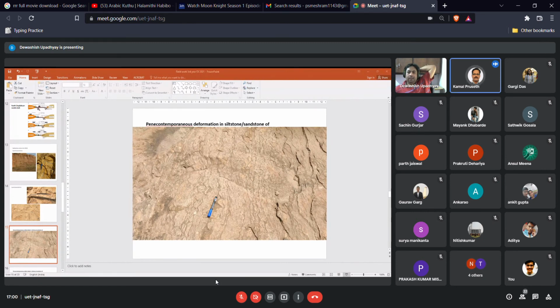Where that blue pen is, below it on the right hand side and on the left hand side, you cannot compare the two layers. The right hand side layer shows much more intense folding compared to the left hand layer. Had it been tectonic folding, both of them should have been similarly folded, but it is not so.